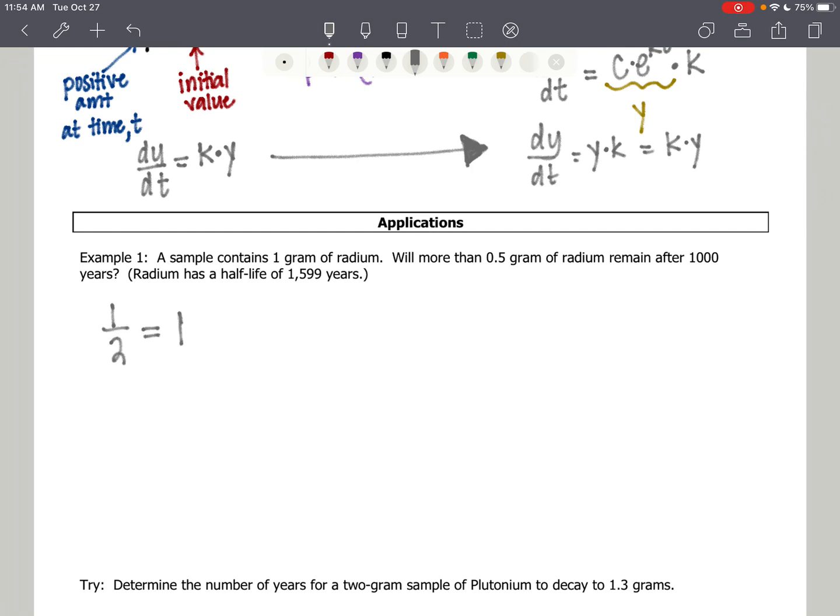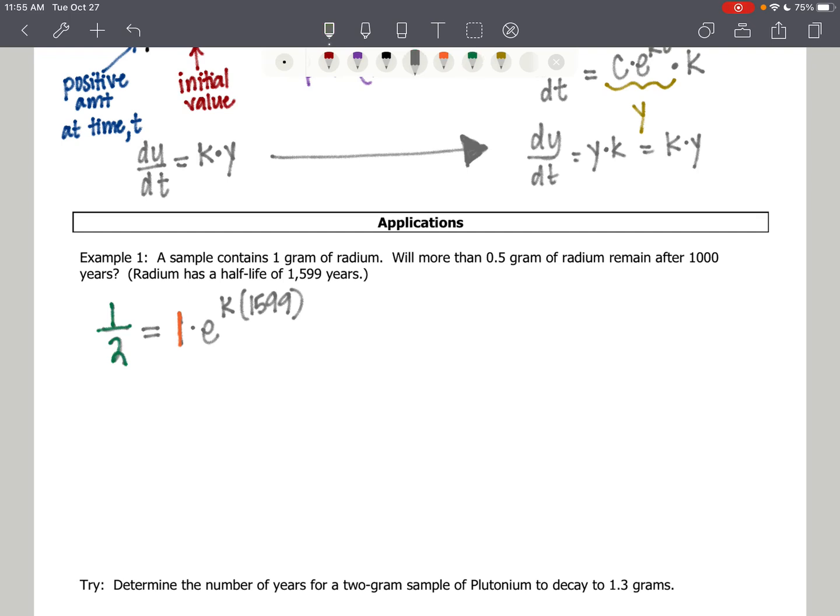If we start with 1 gram times e raised to the constant of proportionality times the amount of time. So 1,599 years later, if we start with 1, we'll have 1/2 remaining.